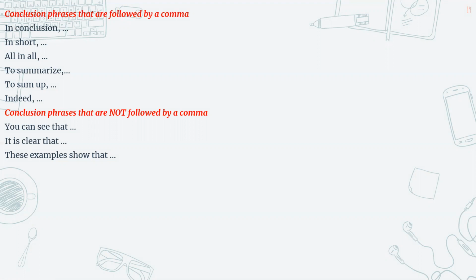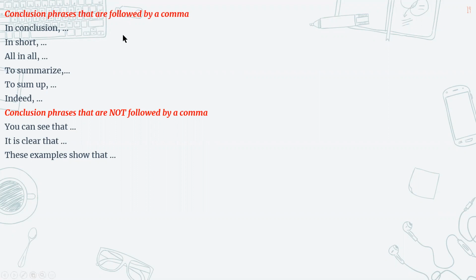The concluding sentence, as we said, might warn the reader, or make a prediction or give an opinion. We are going to talk about all this in the next lessons when we learn how to write different types of paragraphs. Anyway, these are conclusion phrases.